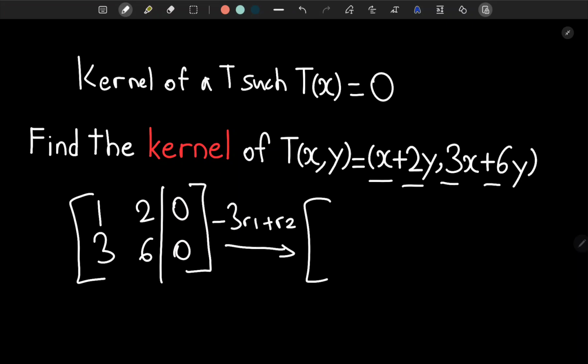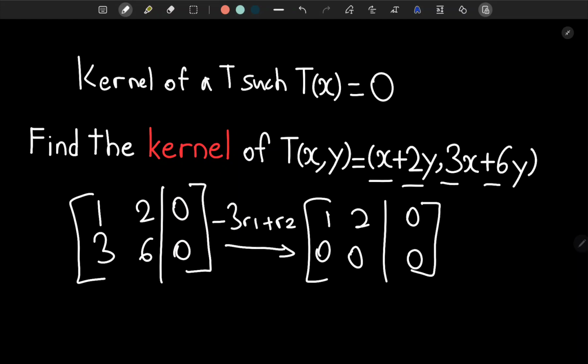We are only doing the operation to the second row. So 1, 2, and then 0. And here, 3 minus 3 times 1 is going to be 0, since we're trying to get rid of this 3. And here, 2 times 3 is 6, and then 6 minus 6 is also 0. And for the last column, we have a 0 here, so that's also going to be 0.